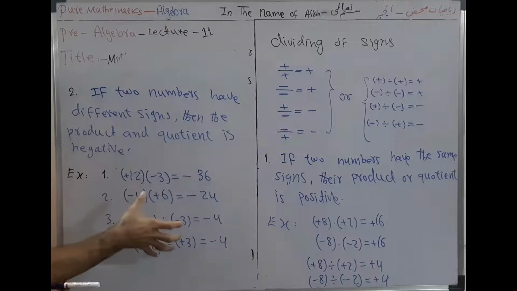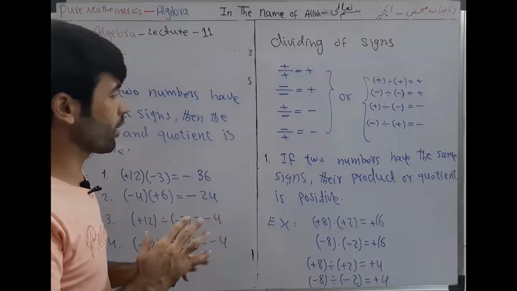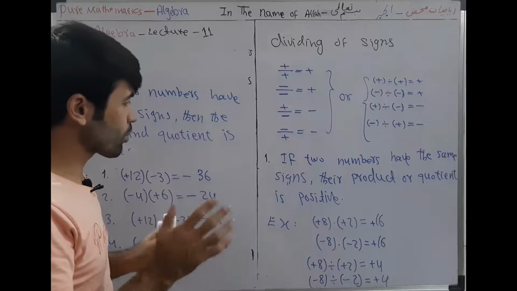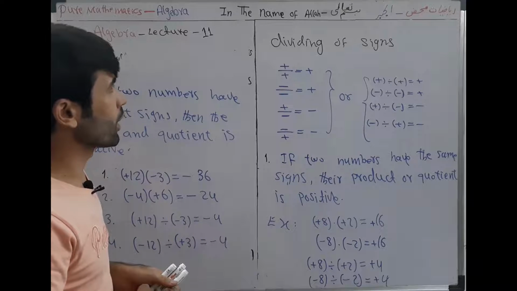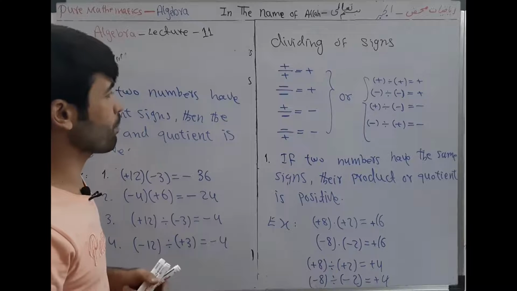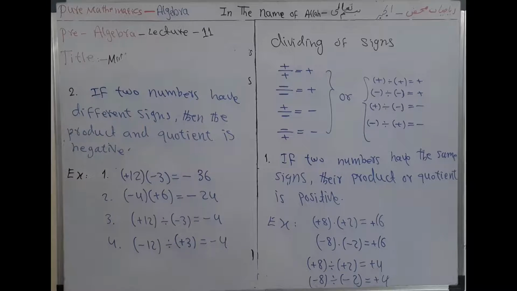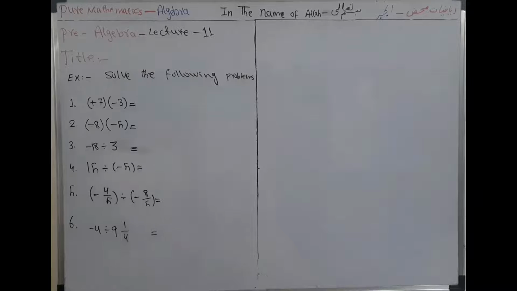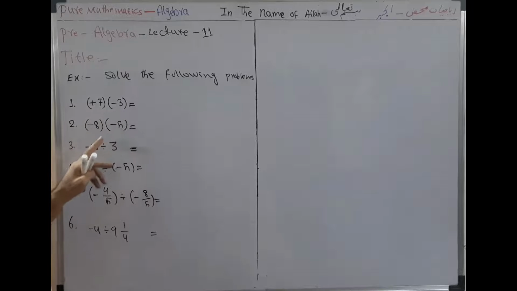It is the simple rule of multiplying and dividing of real numbers. Here we want to solve some more examples about this title. Solve the following problems. Number 1: plus 7 multiplied by minus 3.